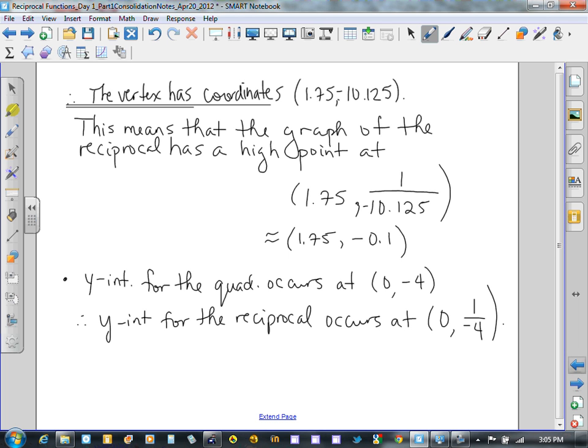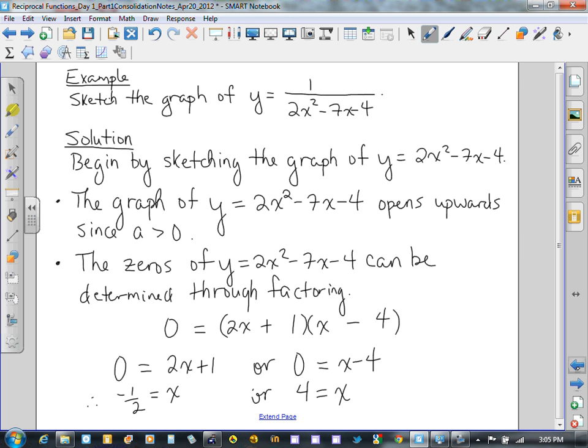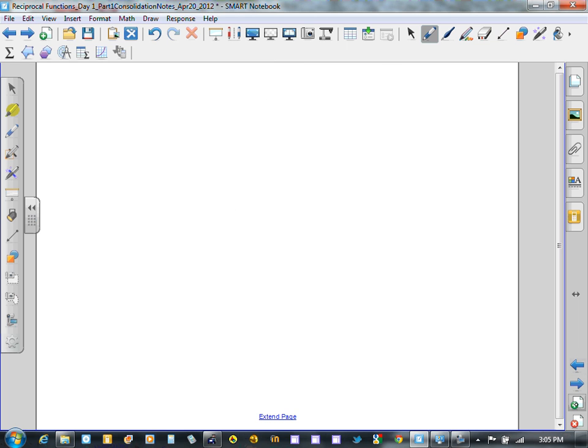So by running through this video, again at your own pace, by looking at each step of the process, you'll be able to graph functions of this particular style. Okay, so the practice that you can do to consolidate your learning would be found on page 347 of your textbook.